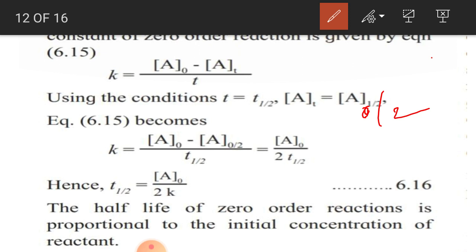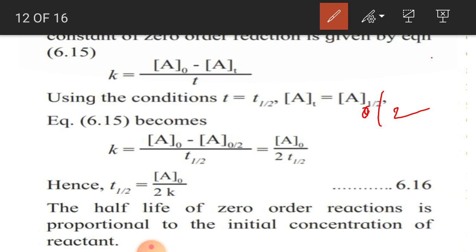So At will be A naught upon 2. Substitute this value in the above equation. So K will be equal to A naught minus A naught by 2 upon t half. Here student, what will happen?